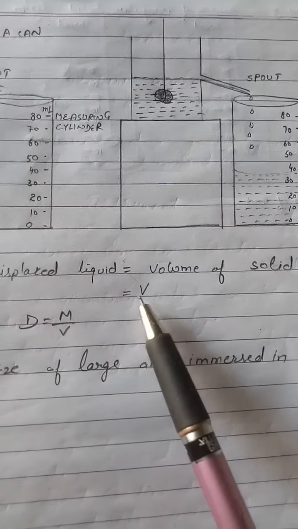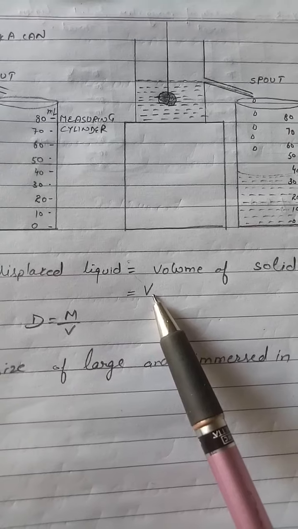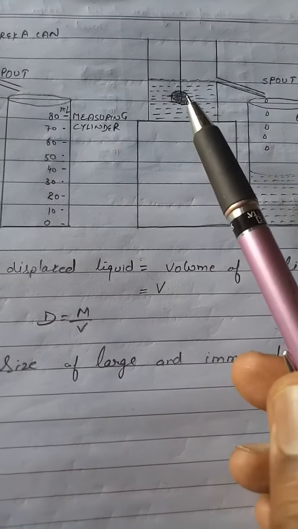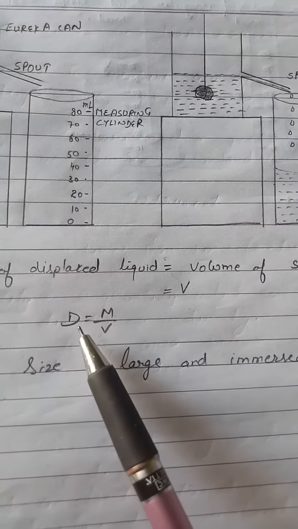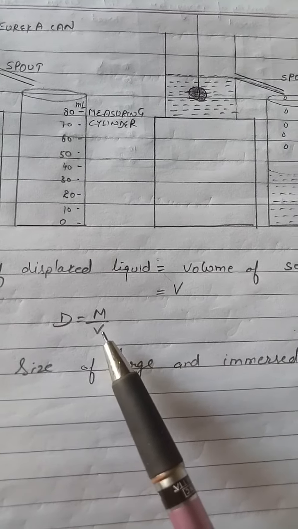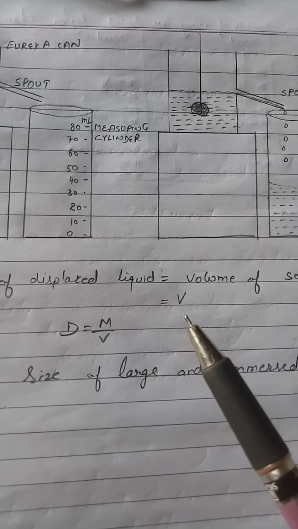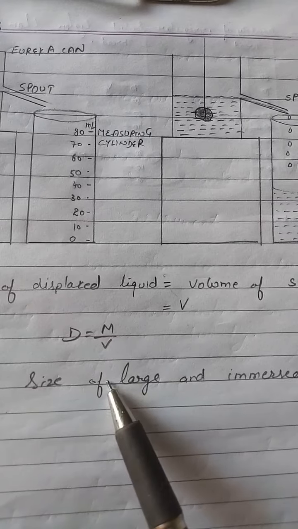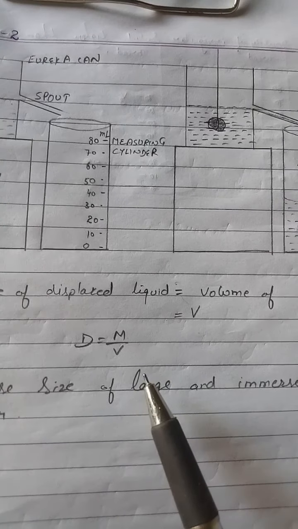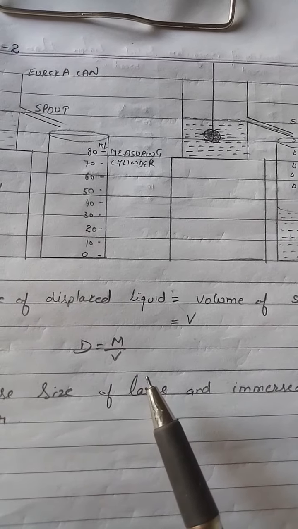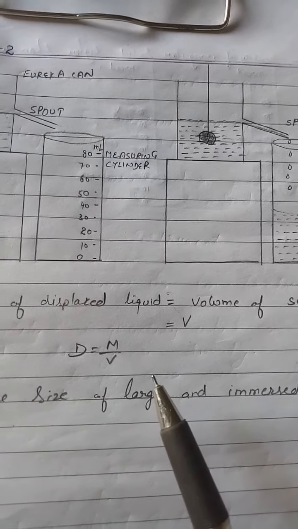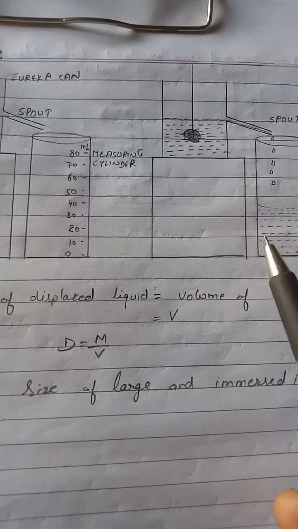So that will be equal to V, and we again measure the mass of the stone with the help of the beam balance. Now put in this formula, that is density equal to mass per unit volume, and we can measure the density of an irregular shaped solid which is of larger size than others, which cannot be dipped into the measuring cylinder.